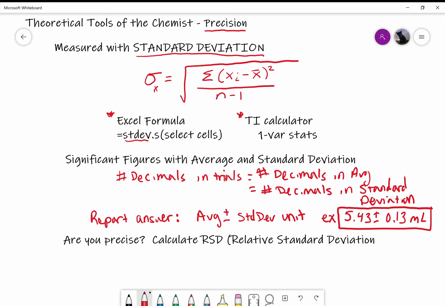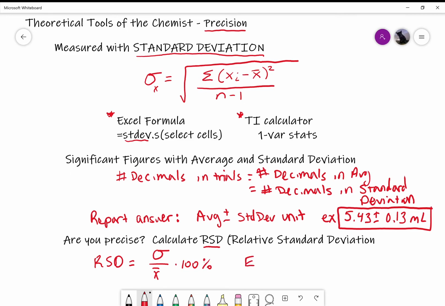However, none of this answers the question of, am I precise? Well, in order to determine if I'm precise, I need to calculate the RSD, or the relative standard deviation. The relative standard deviation is calculated by taking the standard deviation and dividing it by the average, then multiplying by 100%.